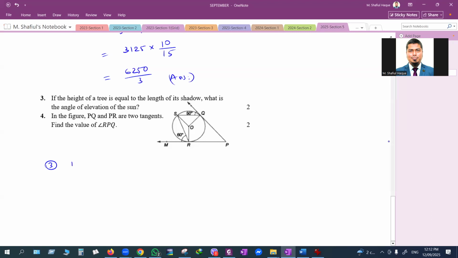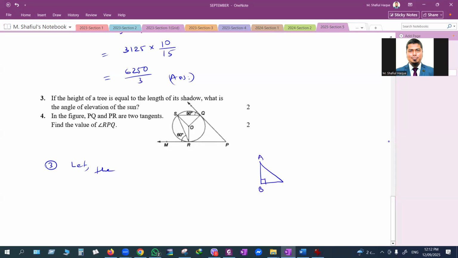So we will draw a figure here. On this figure, this is the tree.